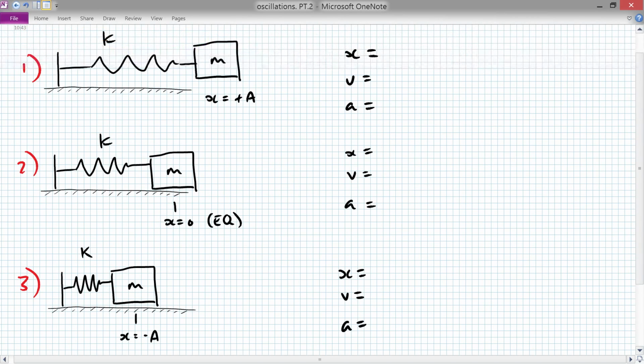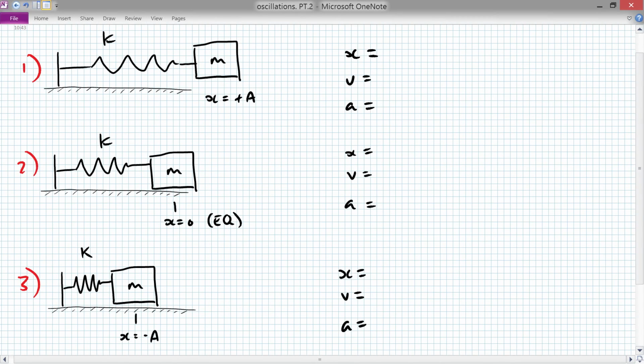And what I want to look at really quickly is what's happening to my position, velocity, and acceleration in these three cases, 1, 2, and 3. You can think about this as it relates back to our graphs from last video, so maybe go back and check over those in relation to this.